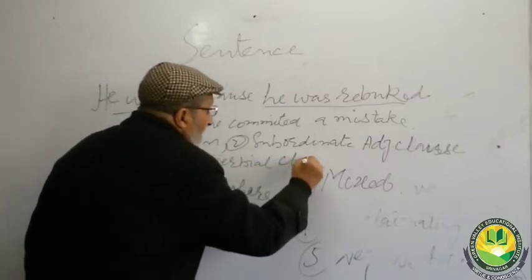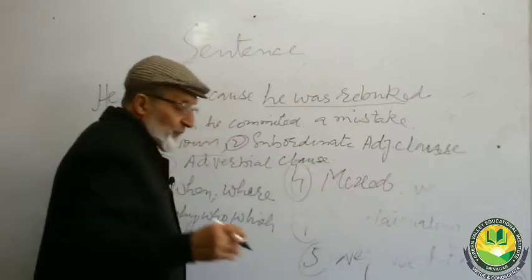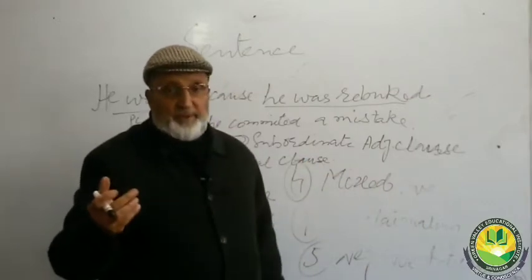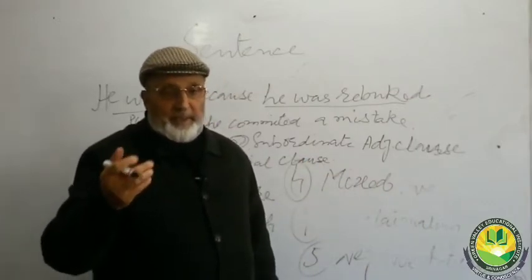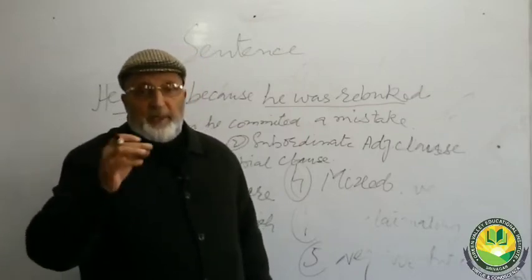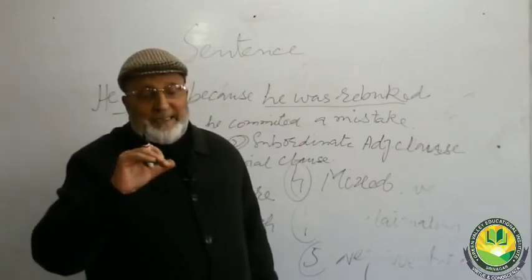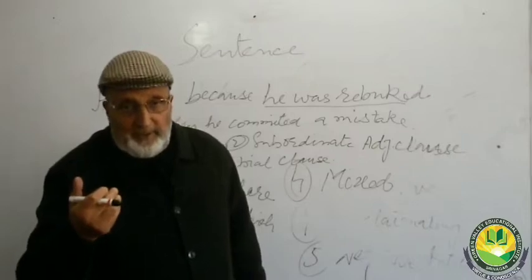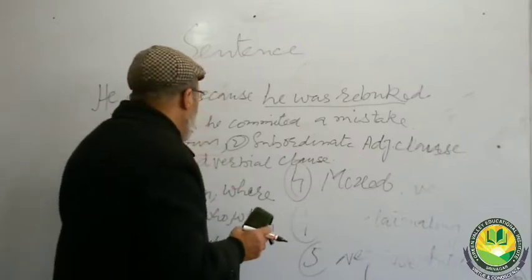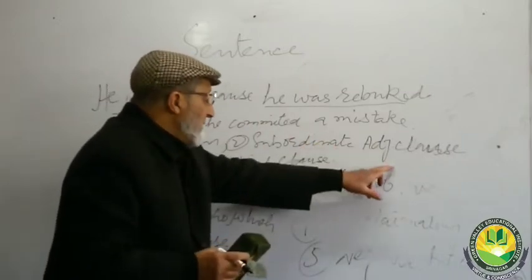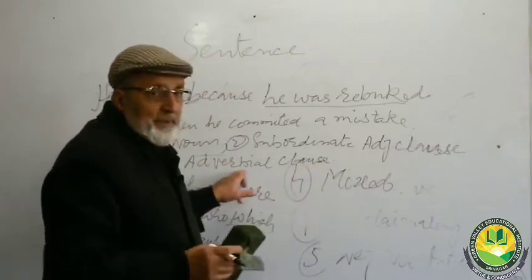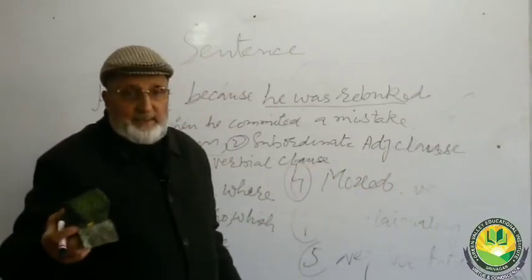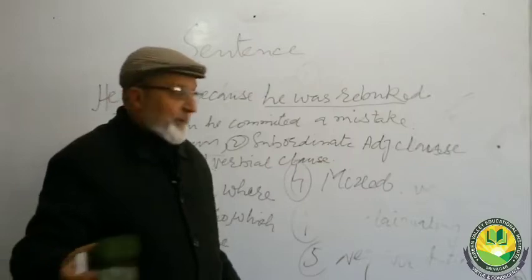Of course, the principal clause is not a subordinate clause itself. So make a correction over here. We can have a principal clause and 3 different types of subordinate clauses, namely noun clause, adjective clause, and adverbial clause. Let's discuss these clauses threadbare on some other occasion.